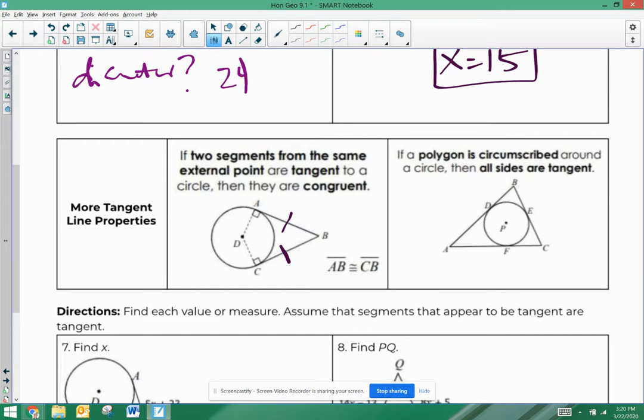And I know that they're tangent if they have the right angles. And then if a polygon is circumscribed around a circle, then all sides are tangent. So that means these two segments are congruent to each other, these two, and these two. So it'll help us find perimeter.